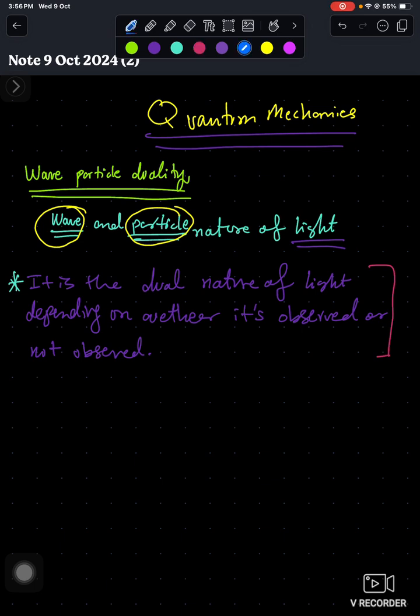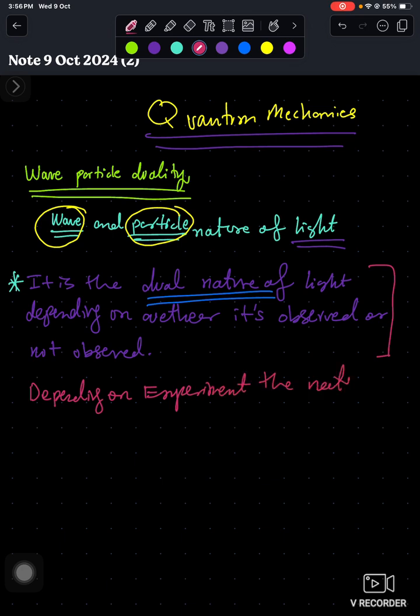So the main thing here is that it is the dual nature of light. The important thing is dual nature. Over here I'll just put depending on experiment, the nature of light is talked about.